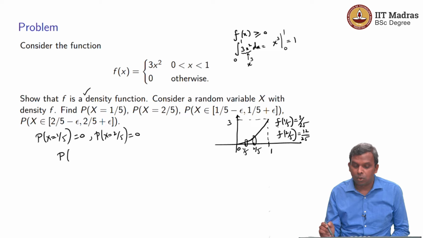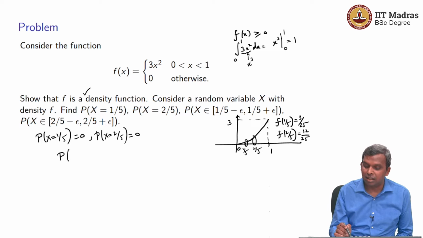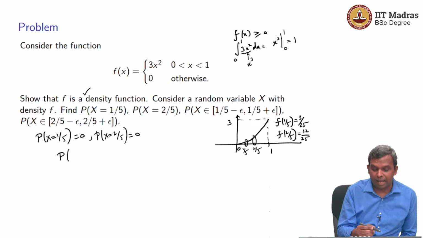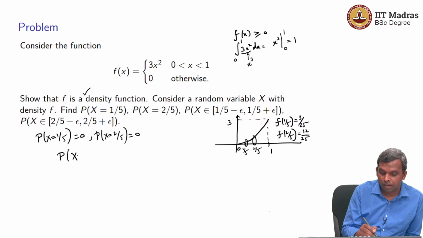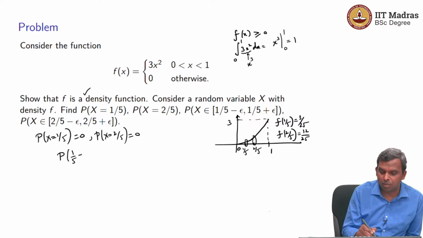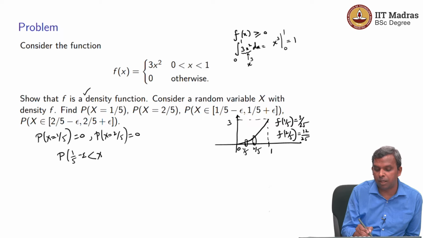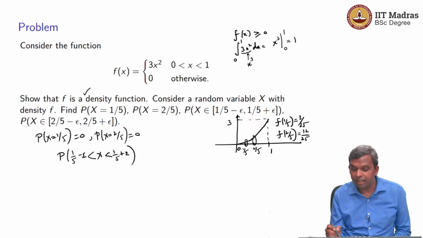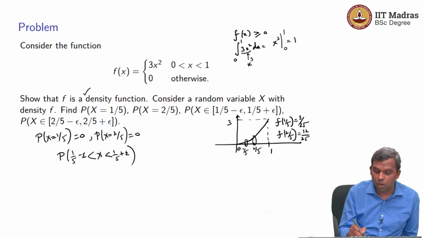What I'm doing here is asking for the probability that x lies within 1 by 5 minus epsilon and 1 by 5 plus epsilon. Think of epsilon as something small. Notice the density at 1 by 5 is around 3 by 25, at 2 by 5 is around 12 by 25. But to compute this probability, what do I need to do?